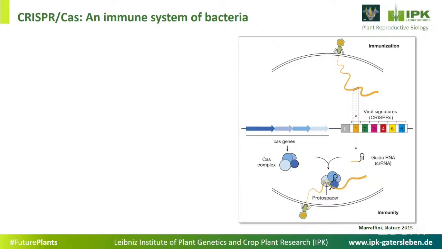The bacterium is capable of cleaving this introduced DNA randomly. So it recognizes any foreign DNA unspecifically and cleaves it into smaller pieces. These smaller pieces are then taken and introduced into the bacterial genome, and you can see this with these numbered pieces of DNA.